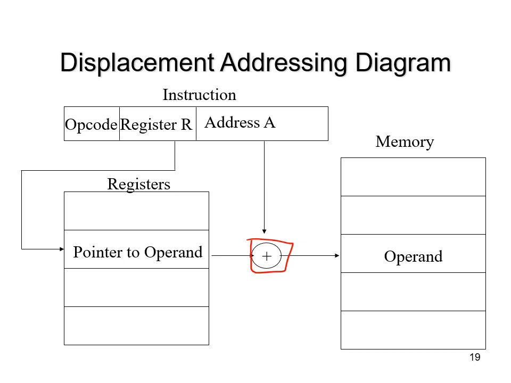Therefore, by using this approach, we can access a larger addressing space, but the problem is that we have one addition in order to create the effective address, and somehow it may slow down the execution time.